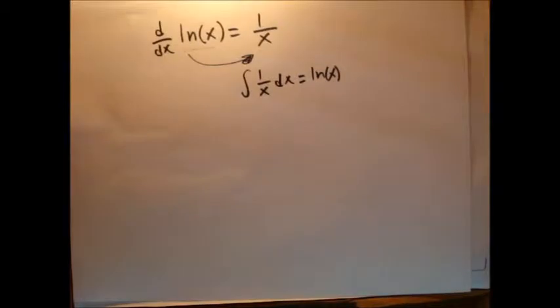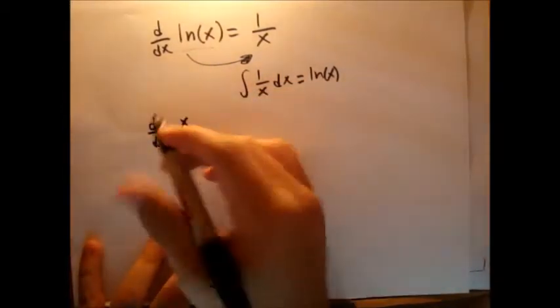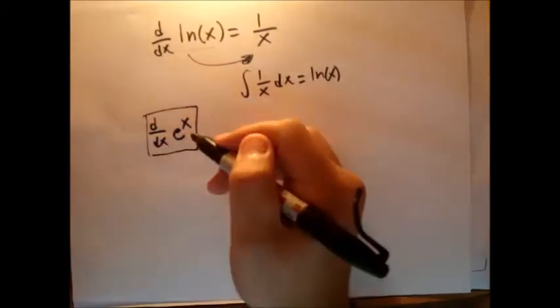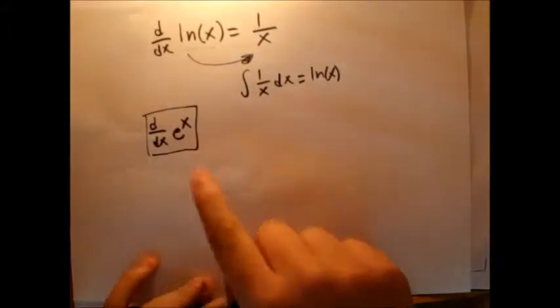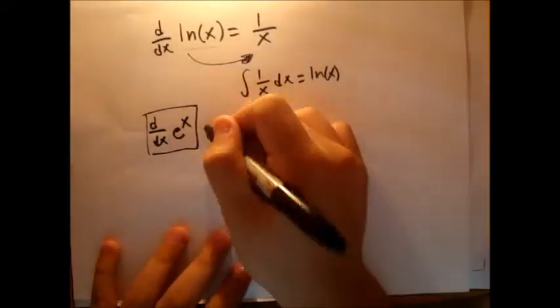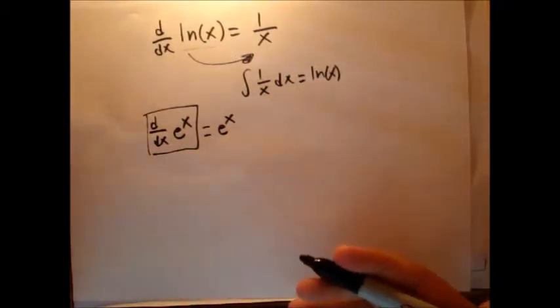Now, talking about transcendental functions, another important derivative that we should know is the derivative of e to the x. Now, this I've actually proved in a different video, and I'll post it right there. But pretty much the derivative of e to the x is very surprising because the derivative of e to the x is actually e to the x.